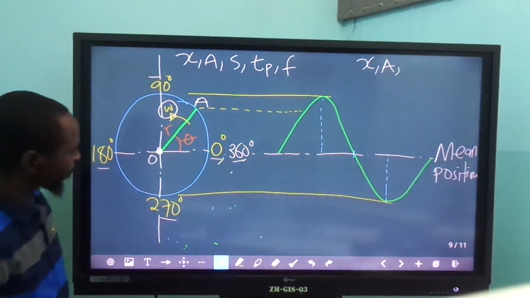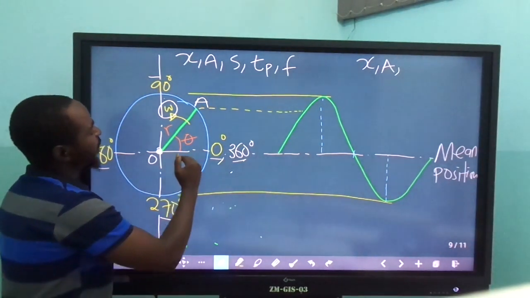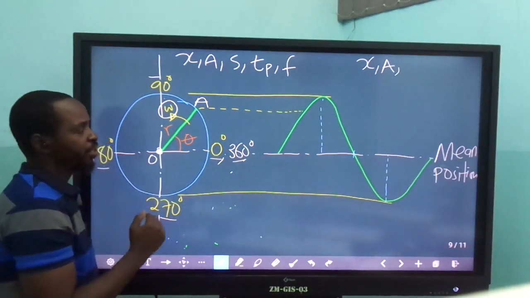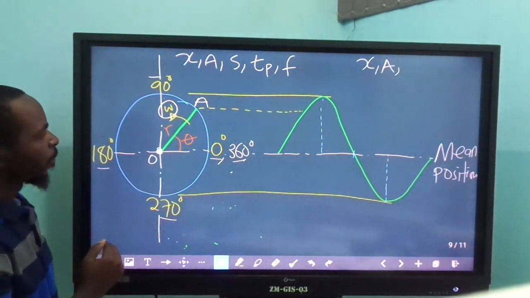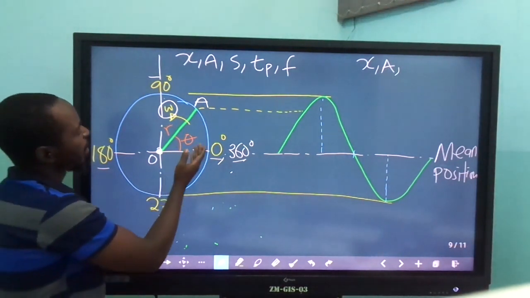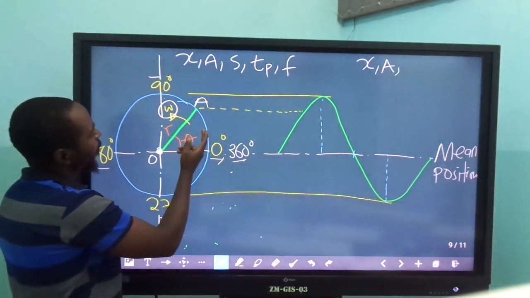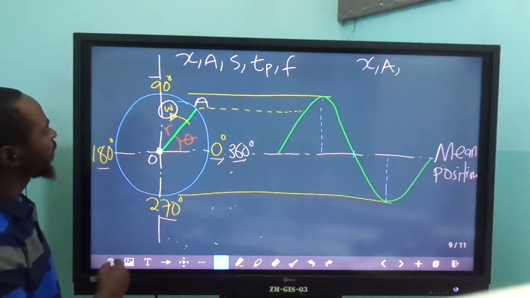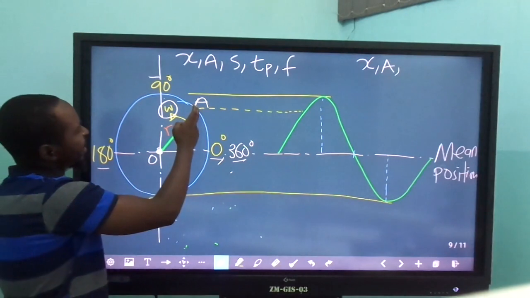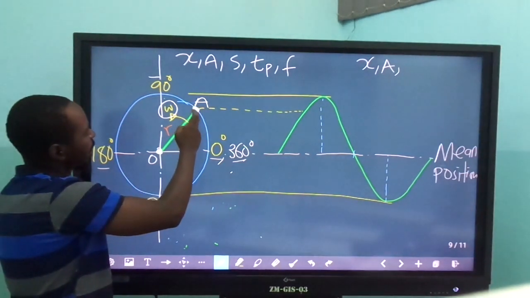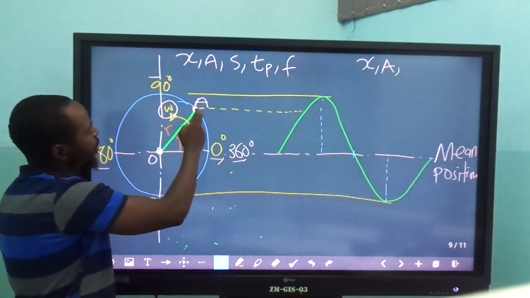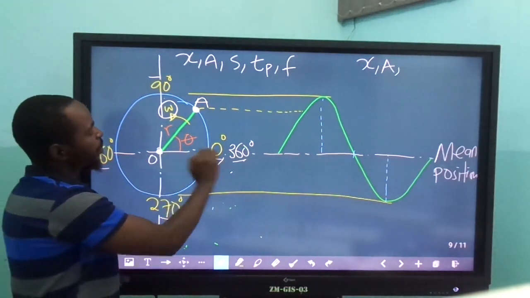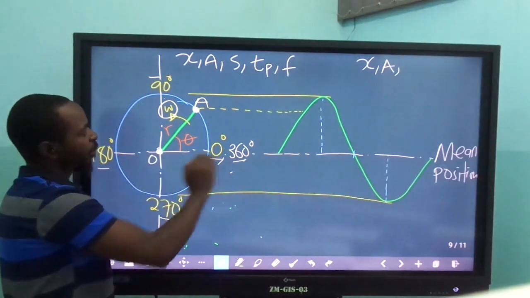So now, let us say it is starting at point 0, and that is the mean position. As this rod makes a rotation, let us trace how far point A will be from the mean position, which is the horizontal.